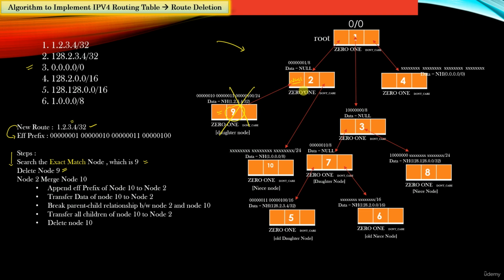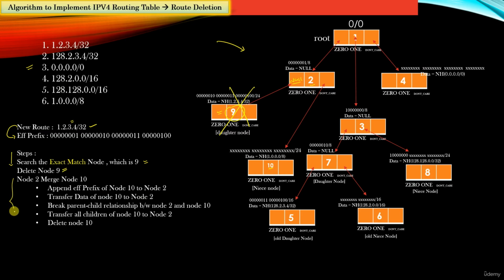It is a node which has exactly one child, and that is now node number 10. So now we need to fix up our mtry such that node number 2 becomes a full node, that is, a node with exactly 2 children or exactly 0 children. Node number 2 cannot continue to exist as a half node.